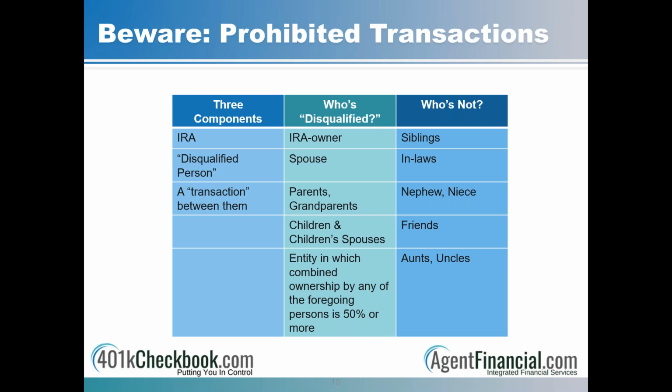What they say is that if you've got a rental property that you've already bought in your own name, and then you think to yourself, you know what, I'd like to move this into my self-directed IRA, that cannot be done because you cannot sell a property to your IRA. You may not transact with your IRA. But had you not owned it, had it been owned by anybody other than on this short list of disqualified persons, your IRA can buy that property.